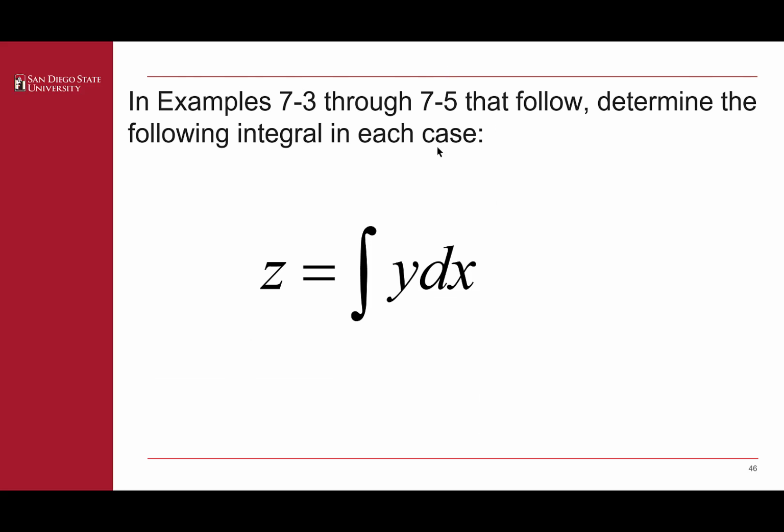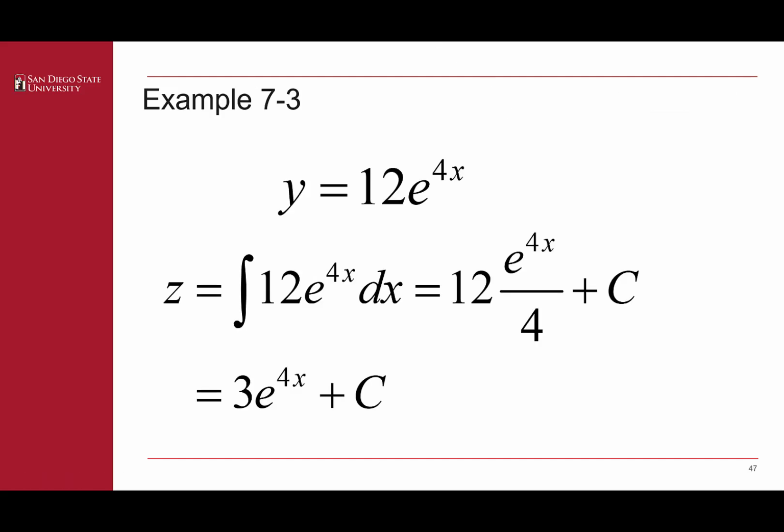We have a few subsequent examples here, and we will determine the following integral in each case: Z equals the integral of y dx. The given function is y equals 12 times e to the 4x. And Z here becomes the integral of 12 times e to the 4x dx.